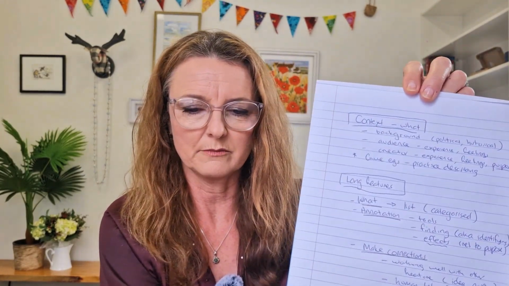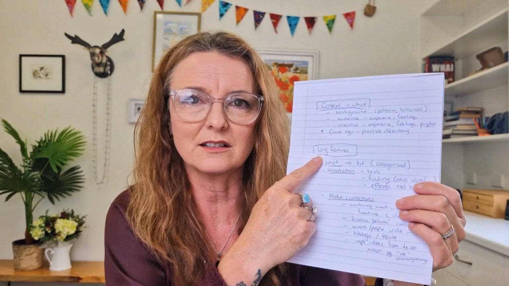Okay, so in my notes that I've made: context, what? So background. So what is context? It's the background, political, historical. It's the audience, their experiences, their feelings at the time. It's about the creator, their experiences, their feelings, and their purpose. And then I would give examples to practice describing a context.